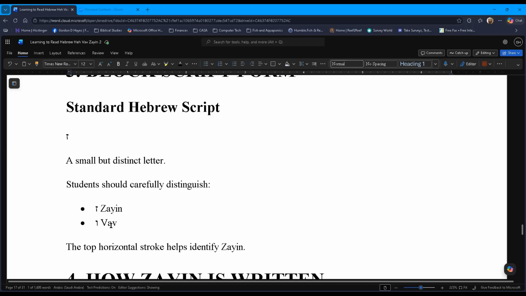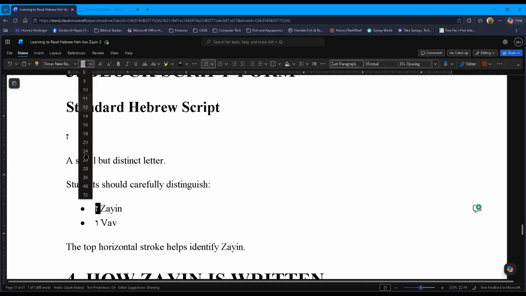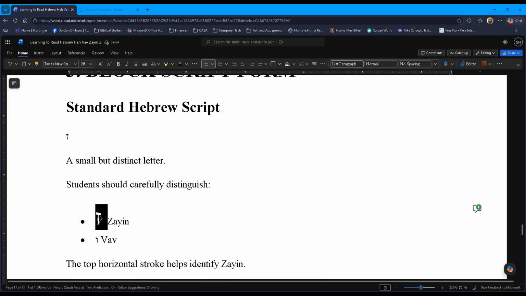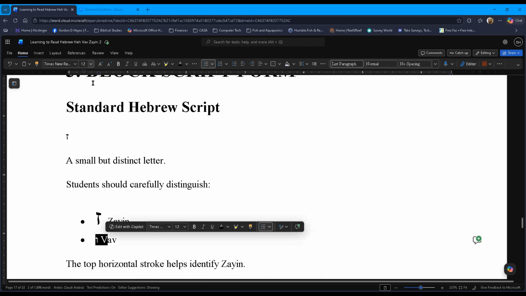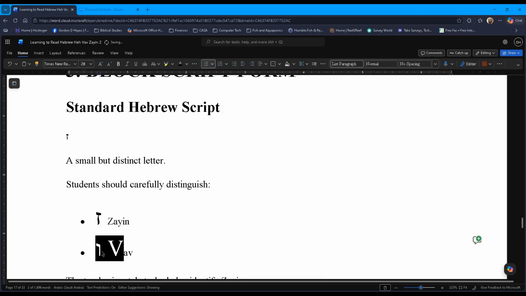Notice in the Zayin, let me go ahead and make that bigger so you can see it better. Notice it has this little overhang right there. That has to be there because if we don't, it becomes a letter Vav.